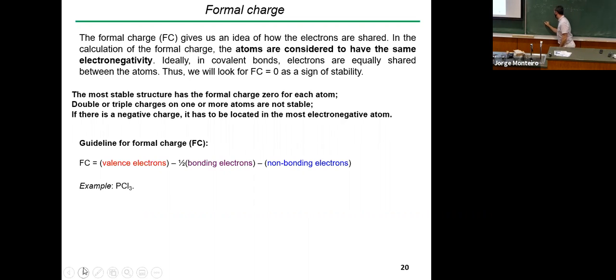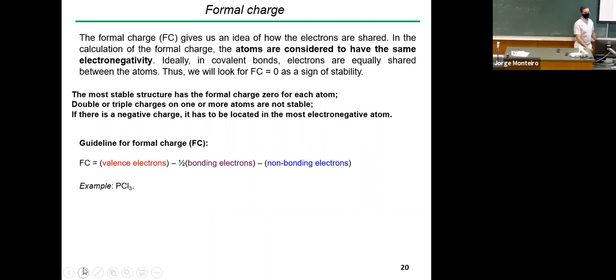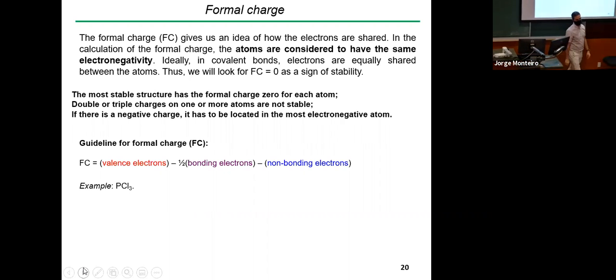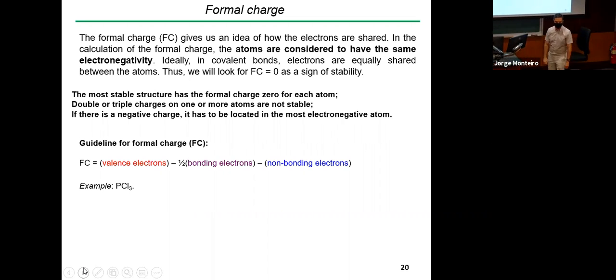And for example, this structure here is less likely to happen because it's not going to have a formal charge 0, okay?